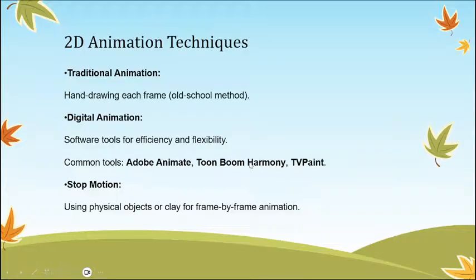These are some software that you can use to build 2D animation by giving the starting point of the movement and the end point of the movement, and the software will automatically create the in-between movement, the in-between frames.